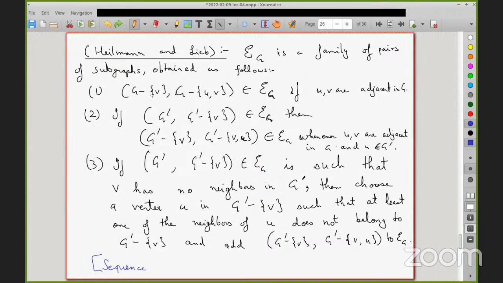There was a proof of this just using spectral expansion only, right? Of what? That in a d-regular graph, the matching polynomial has all roots less than 2 square root d minus 1. But I never used expansion.